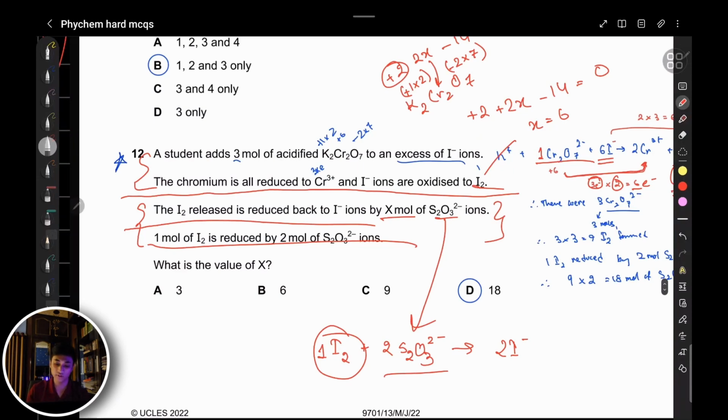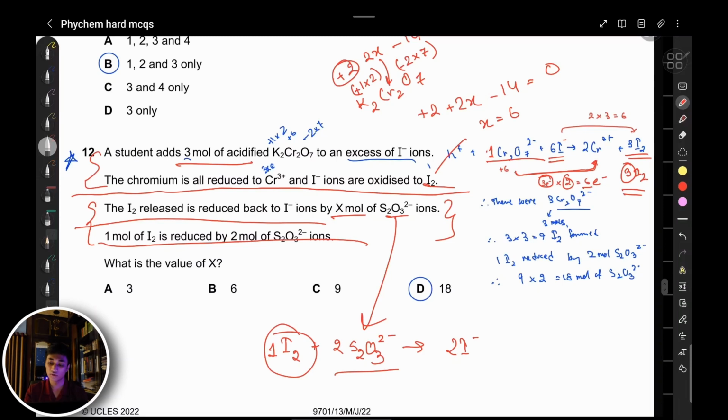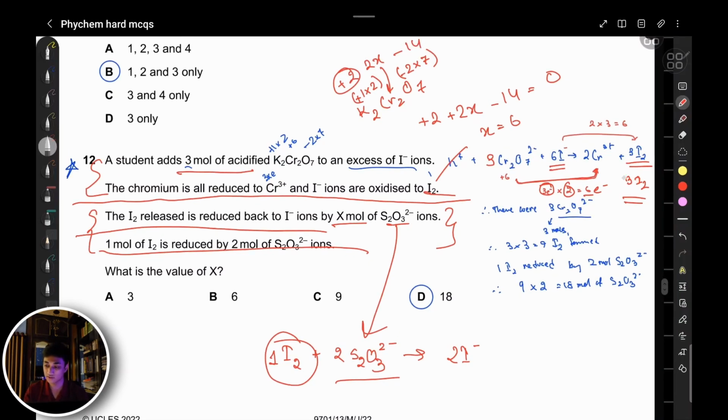Now getting back to the initial question, they asked you to figure out for 3 mole of chromate ion. But we have figured out for 1 mole of chromate ion. So what do we do? We just multiply it with 3. And you're going to be left with 3 times 3, 9 iodine molecules.